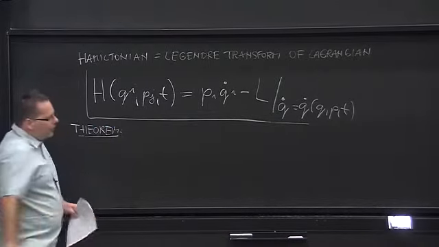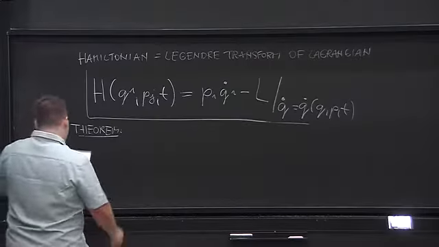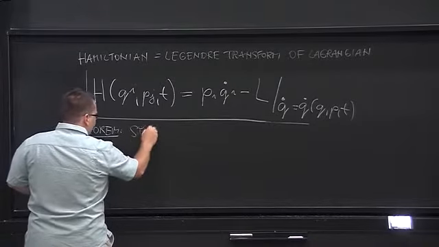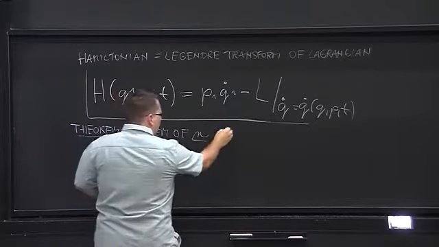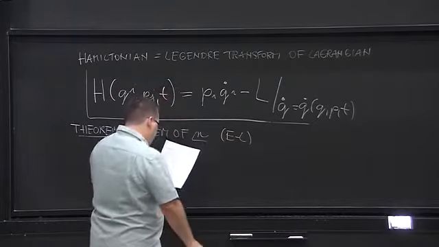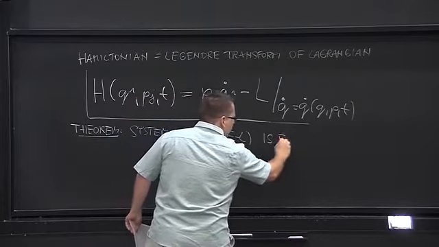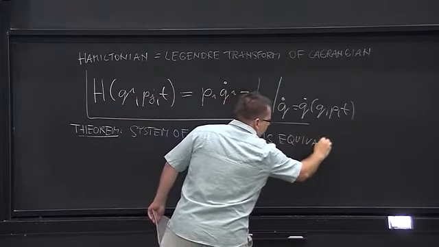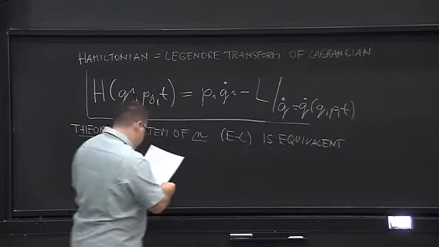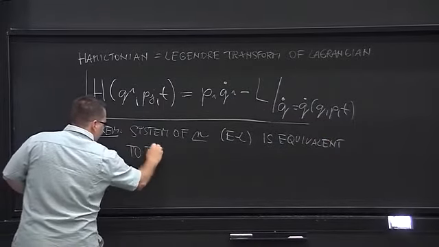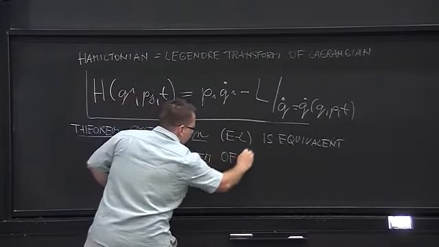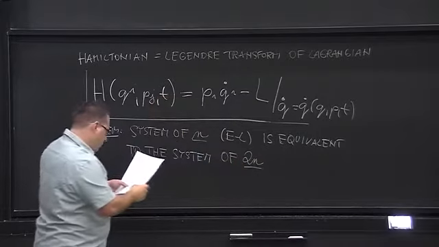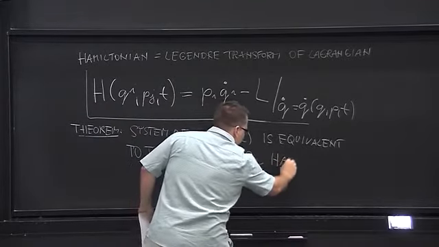Now you really want to rewrite n Euler-Lagrange equations as 2n Hamilton equations. So the system of n Euler-Lagrange equations is equivalent to a system of 2n first-order equations, Hamilton's equations.